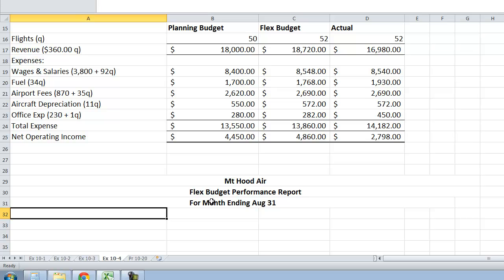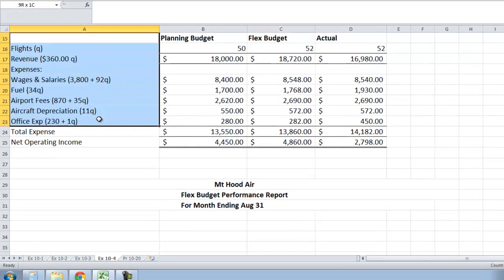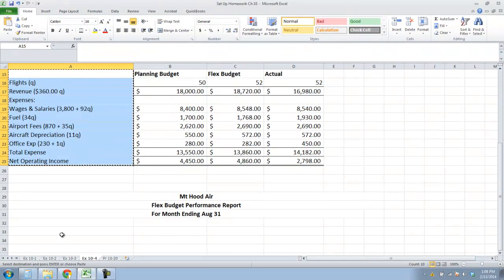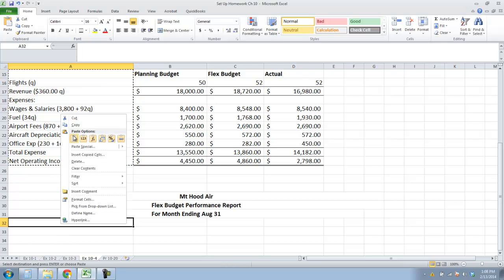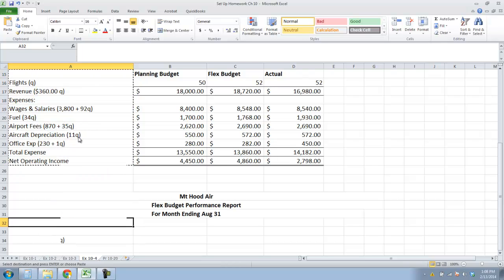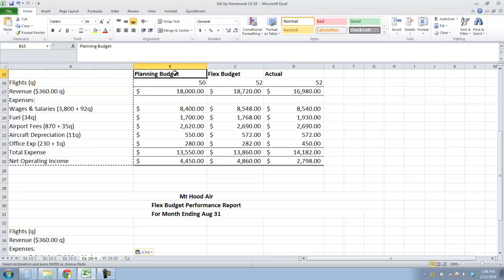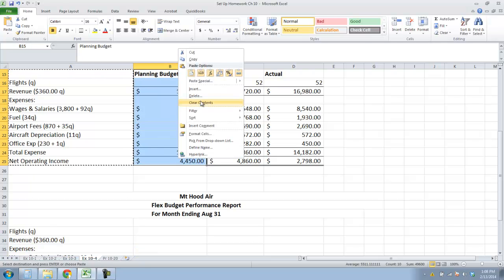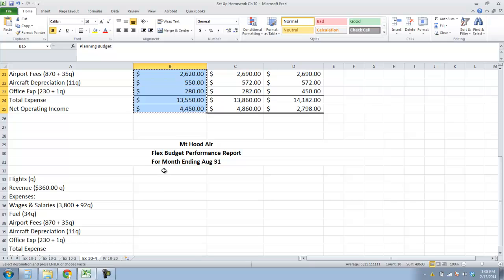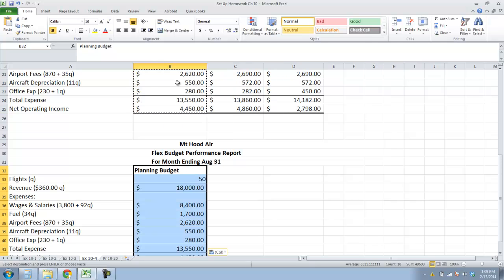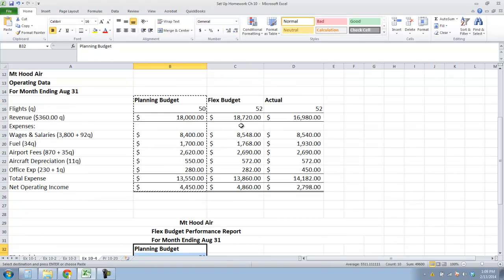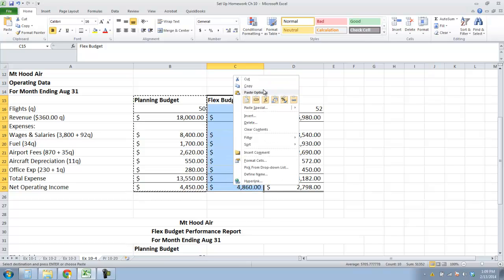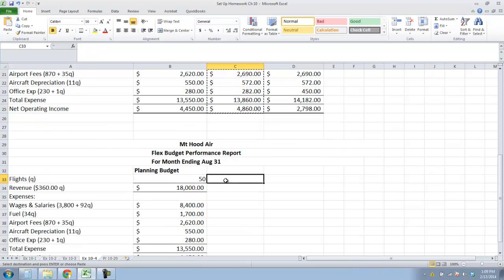Okay. So we're going to have the information here. And then we're going to have our planning budget. And then we're going to have our flex budget. Just copying.